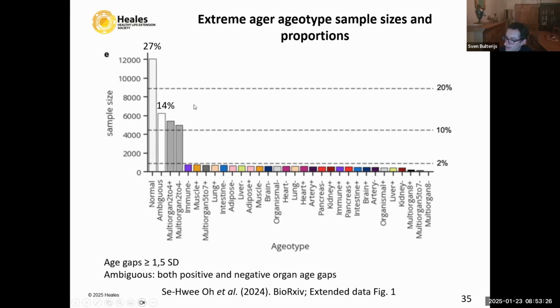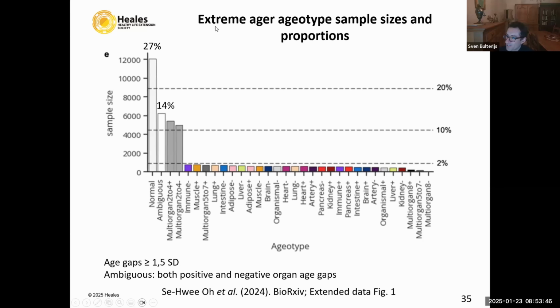So here it's something a little bit similar to what we have seen earlier, but there was more data where we saw that most of the people who had extreme aging were less than 2% in a single organ. But here the age gap is only 1.5 standard deviations, or even less extreme than in the previous one.